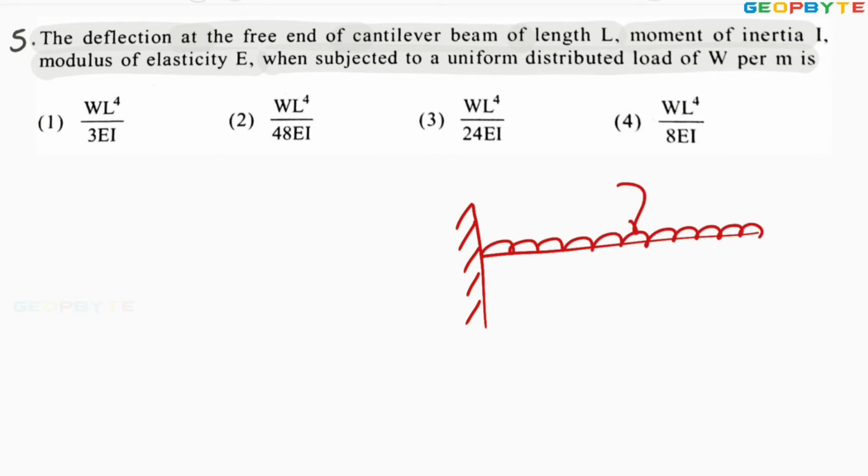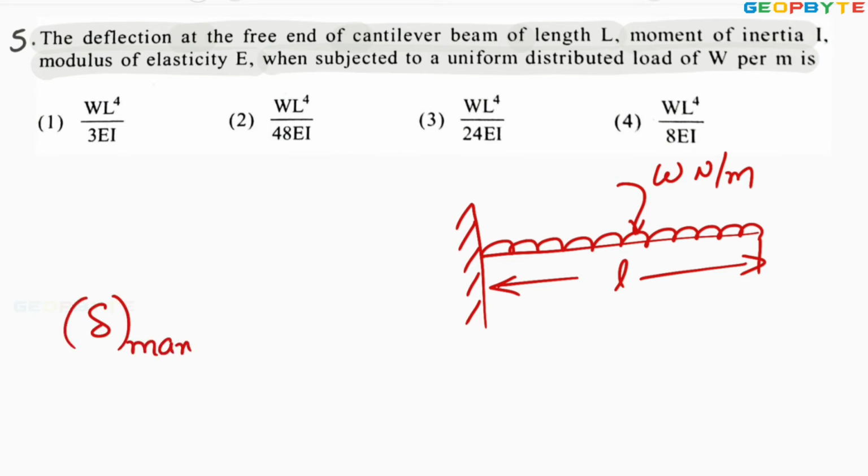The load is uniformly distributing W Newton per meter. The length of the beam may be L. Then the maximum deflection at the free end is equal to WL power 4 by 8EI. This is the standard formula.